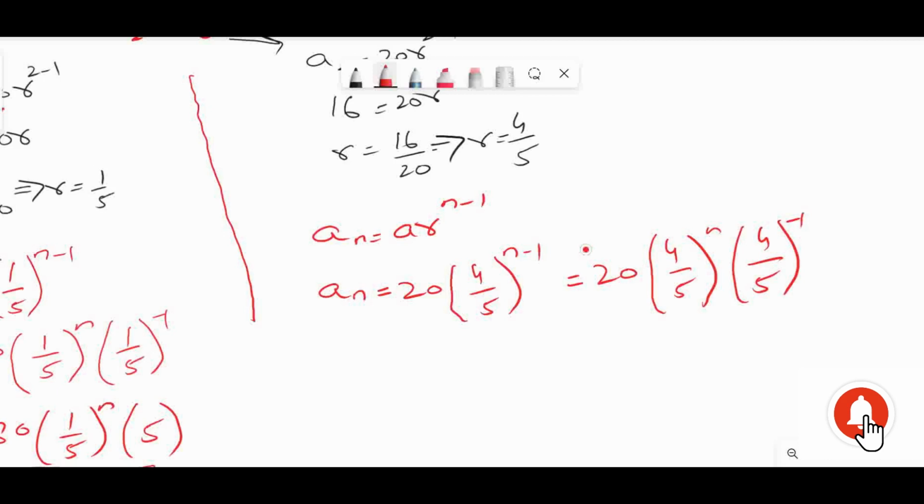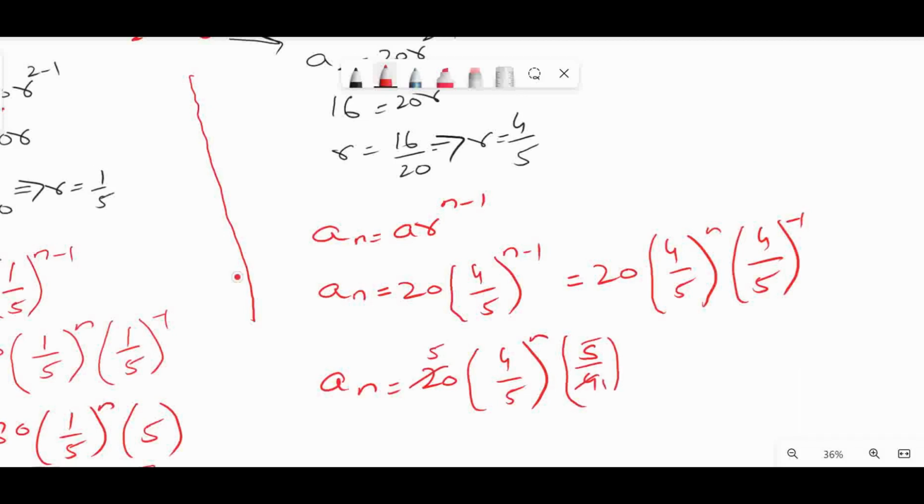The base is the same, so the powers must be added. Now here we can see that the power is negative, which means we can write it as 5 by 4 whole to the power 1. If we simplify it, 4 ones are 4, fives are 5, so this will be equal to 25 into 4 by 5 whole to the power n.